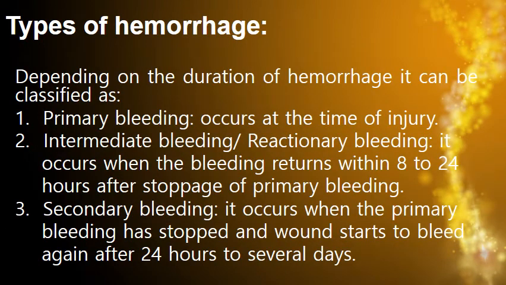What are the types of hemorrhage? According to the onset of hemorrhage, it is classified into three categories. First, primary hemorrhage, which occurs at the time of the injury.